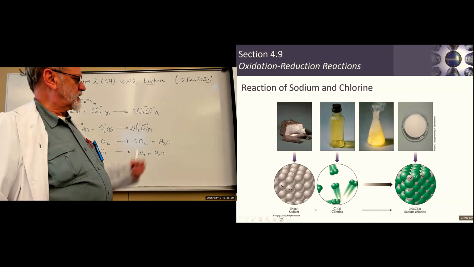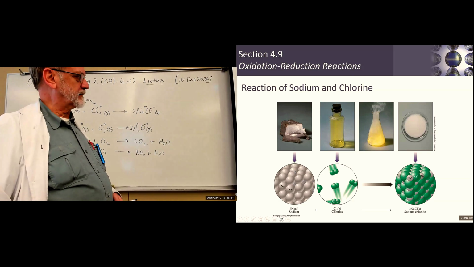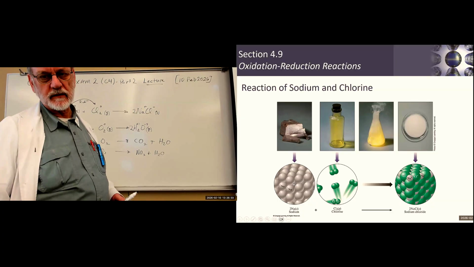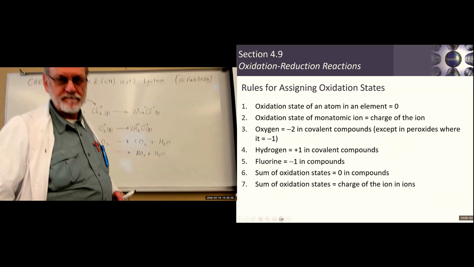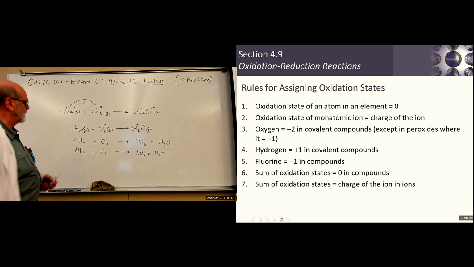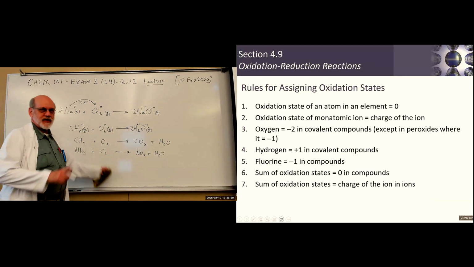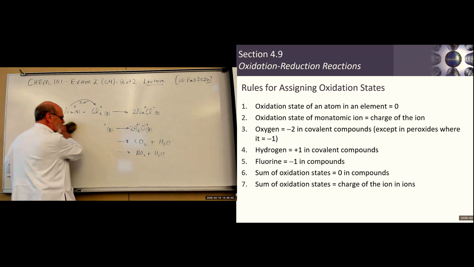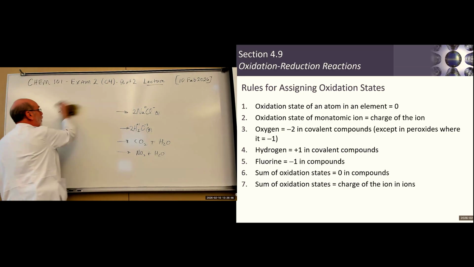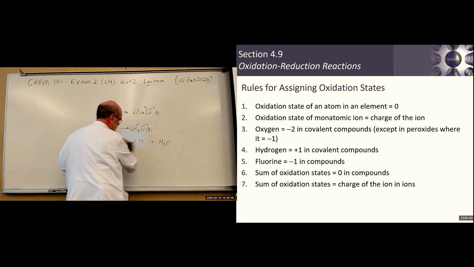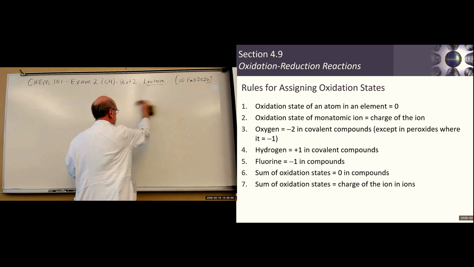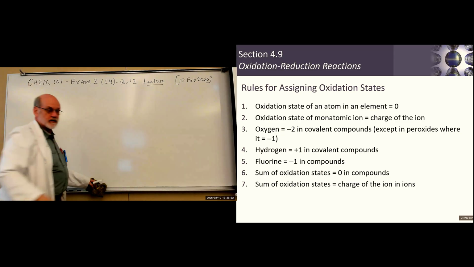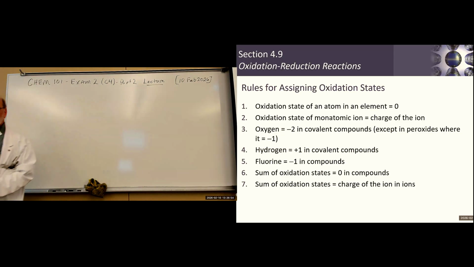Okay, here we have sodium and chlorine reacting to give you table salt. Oh, we are going to cover oxidation states. All right, so let's do that. You need some rules. Since we don't always have ions to deal with, sometimes we have covalent compounds where they're non-metal combinations.